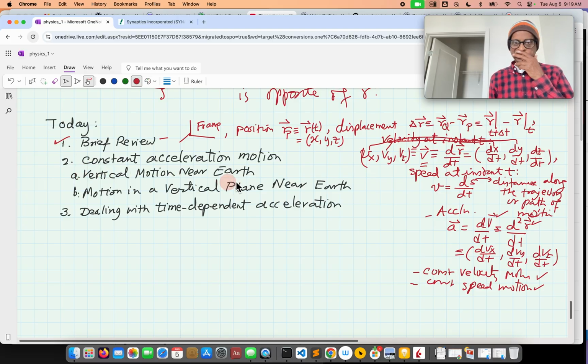Constant acceleration motion is a very interesting concept. So we're going to do this analytically. We are thinking of acceleration as constant.